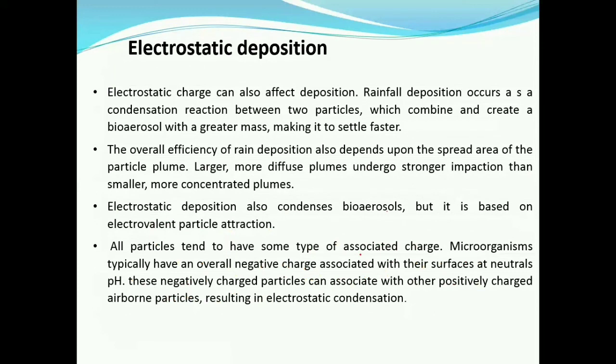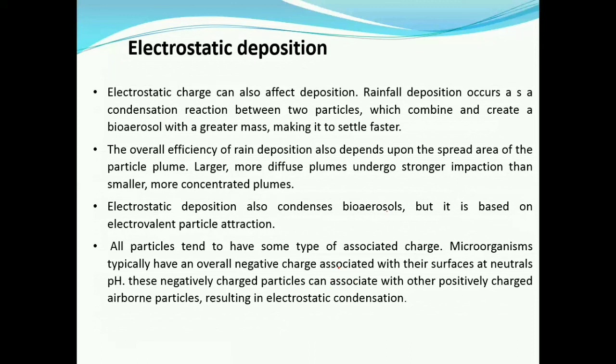That is, the microorganisms have a negative charge at the surface at a neutral pH, and the negatively charged particle connects with the positively charged airborne particle. This is the principle of electrostatic deposition, and then we incubate and enumerate the colonies.